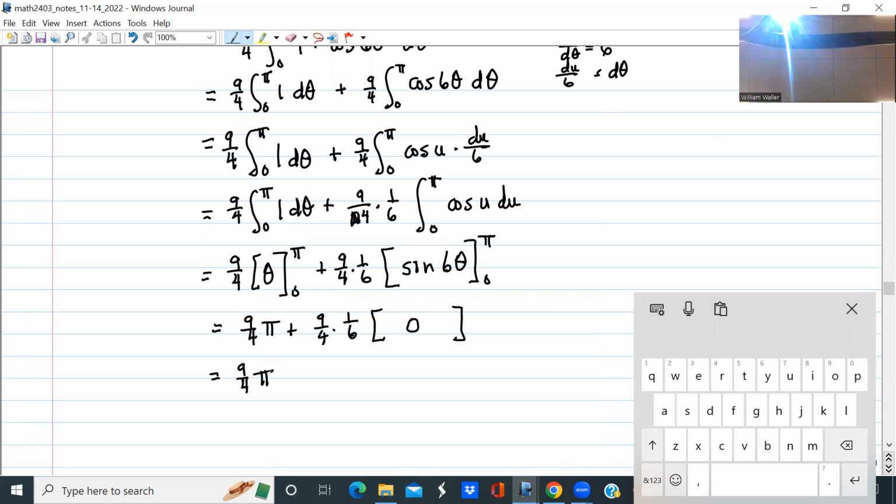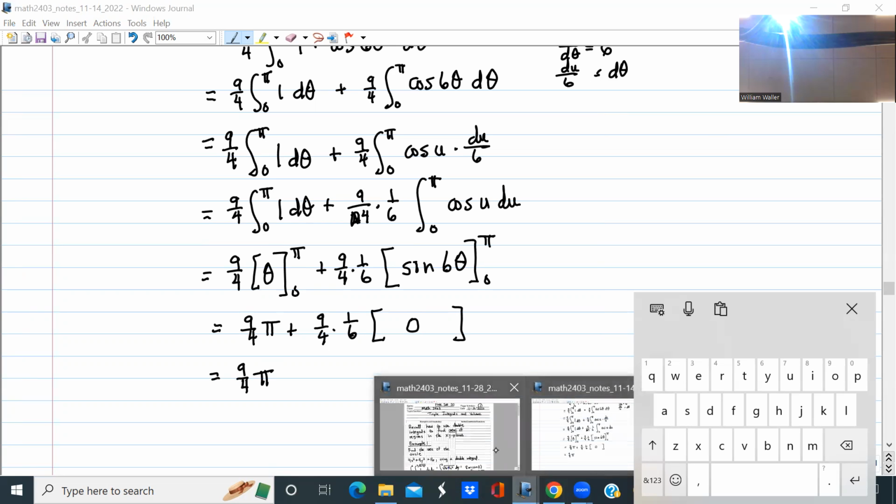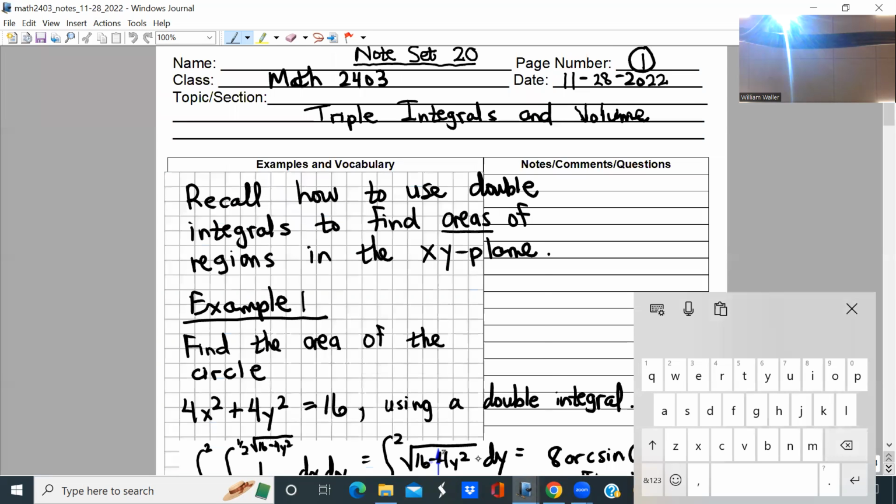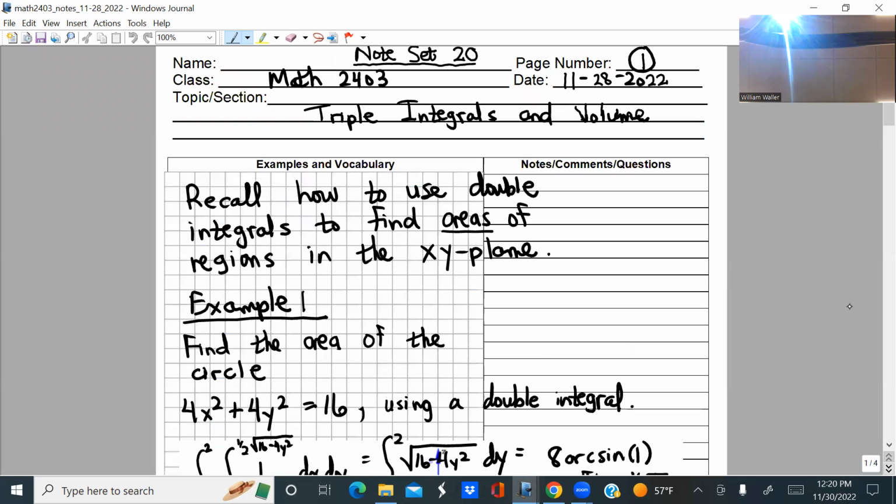Let me show you now. We're going to come back and do maybe some of the other homework problems from the polar integration if we have time. But I want to show you how to set up triple integrals now.